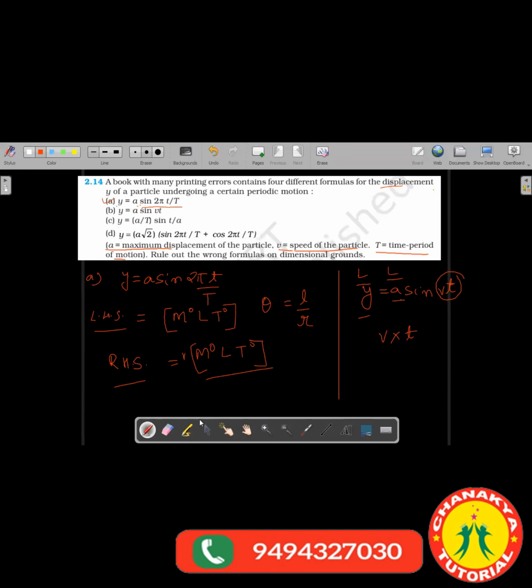Sir, I didn't hear. So could you repeat? What should be the dimensions of V multiply T? Dhananjay? Yes, sir. What should be the dimensions of V multiply T?